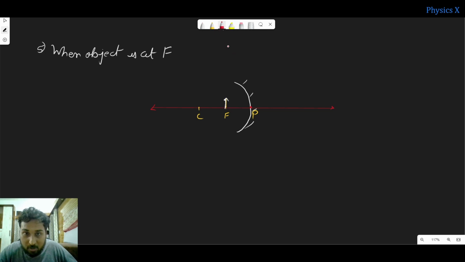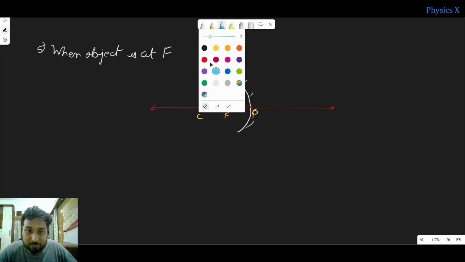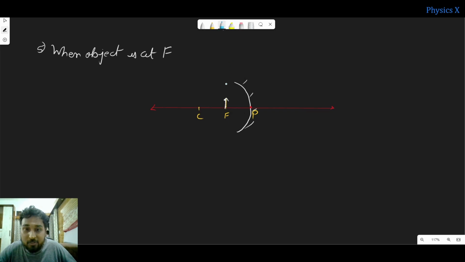So let us draw the incident ray. I am taking the top of the object. This is your object AB. Obviously, if I take the ray parallel to the principal axis, the reflected ray will pass through the focus. Okay, that is fine. This is your reflected ray. Again, if I take the point of incidence as the pole, this angle and that angle will be equal.